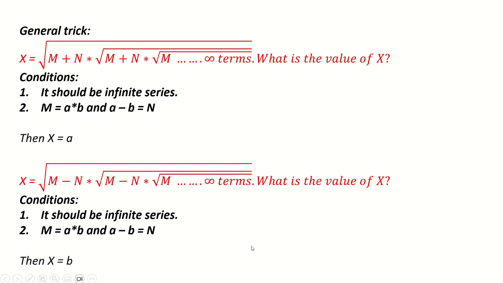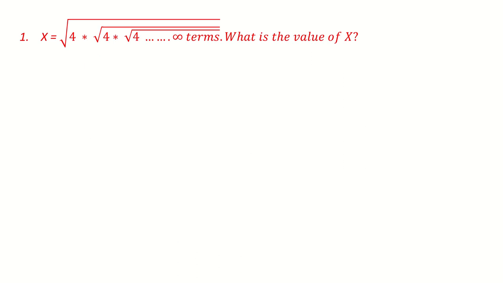If it is a negative series, you will take the lower value as the answer, so x equal to b. The conditions are the same: it should be an infinite series and m should have two factors a and b where a into b equal to m and a minus b equal to n. So this is the general trick given here. Let's extend it one more time.